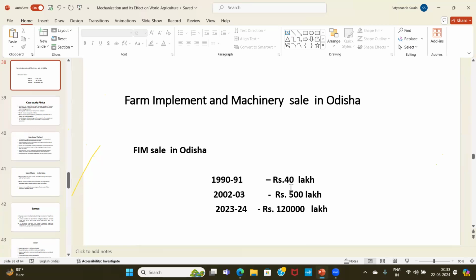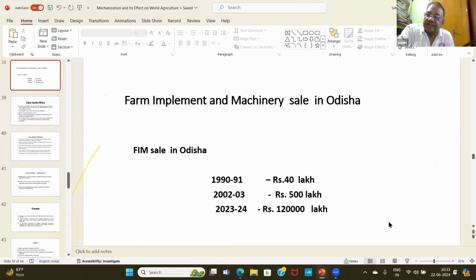I just want to add something to the question of the person working in Jute Research Center and to Dr. Swain. We have developed a dal mill in our implement factory, and that is being sold. We have manufactured it, and we have manufactured a pulse thresher, and we are selling it in the state.